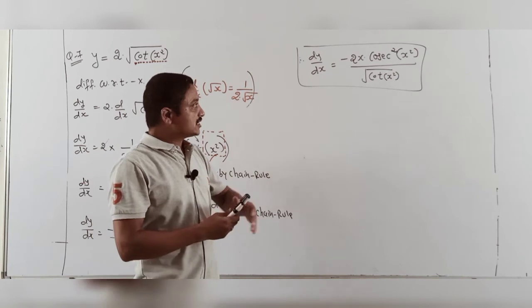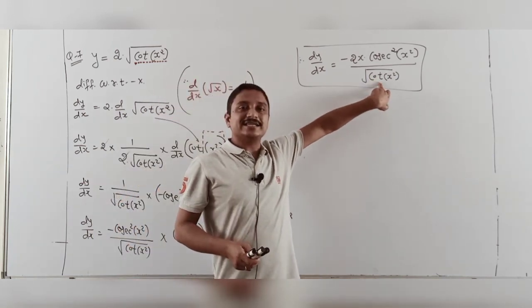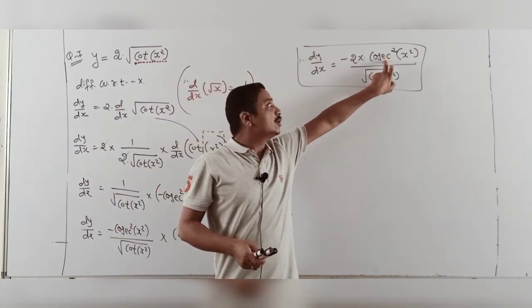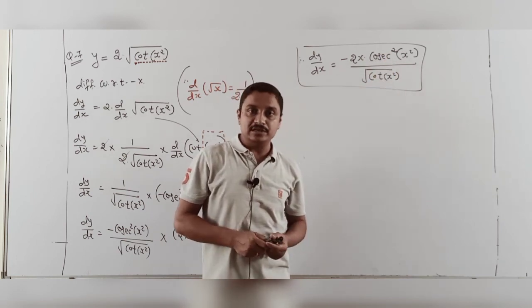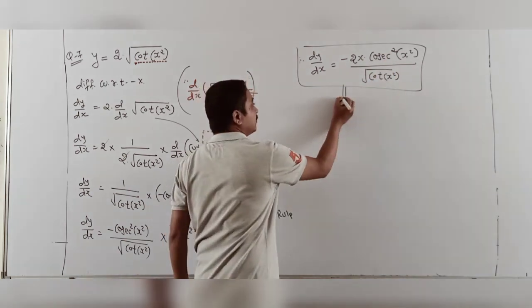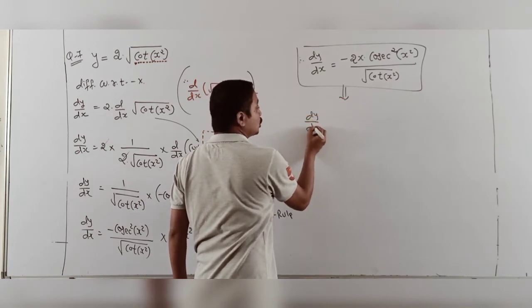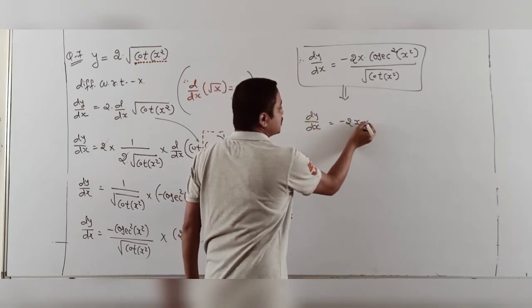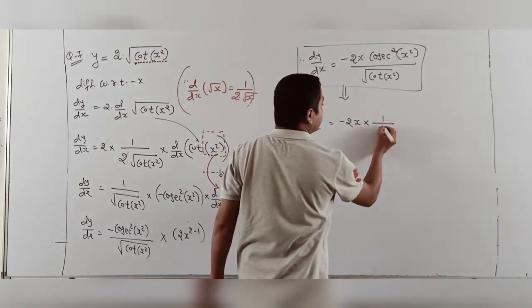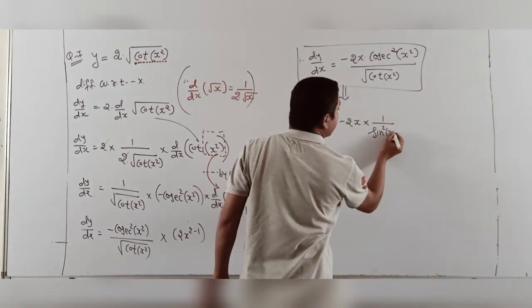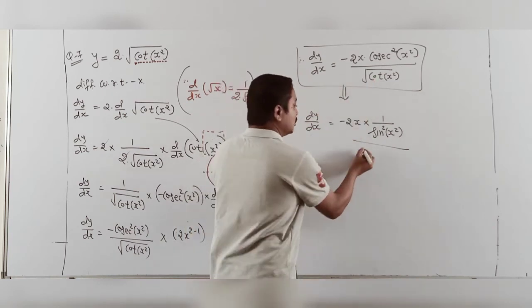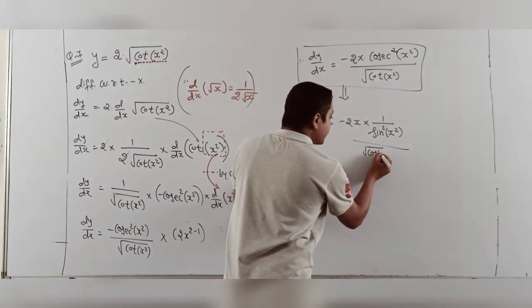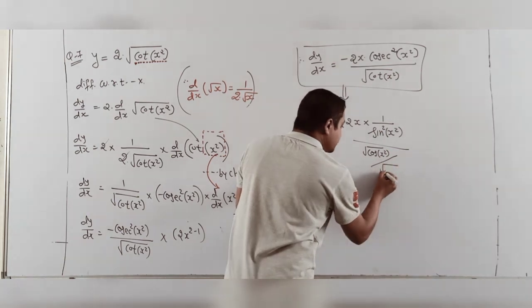Maybe you can also translate here cos by sine, and also 1 by sine square, and further the value is also available, so I just calculate further. So this much is also true: minus 2x into 1 by sine square upon, and cot is also under root cos upon under root sine.